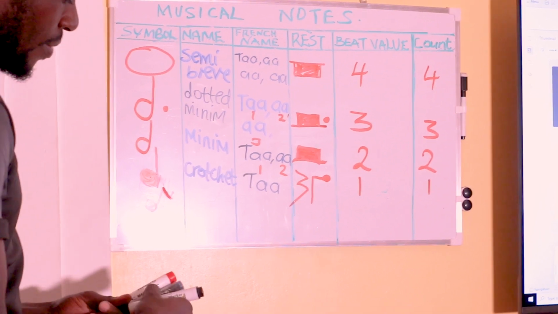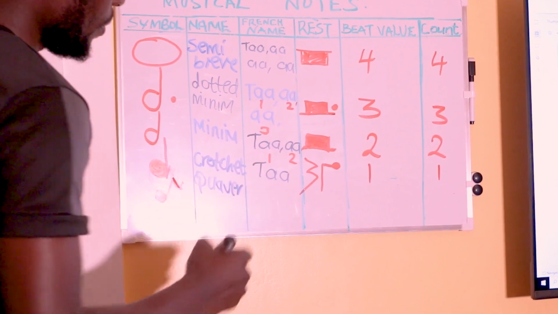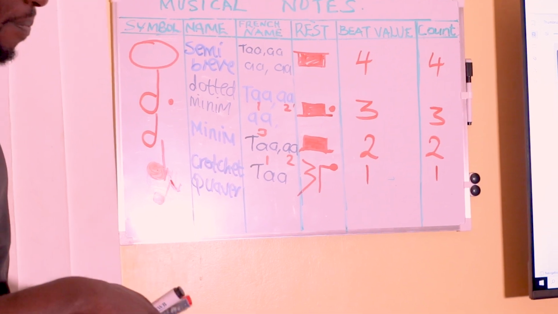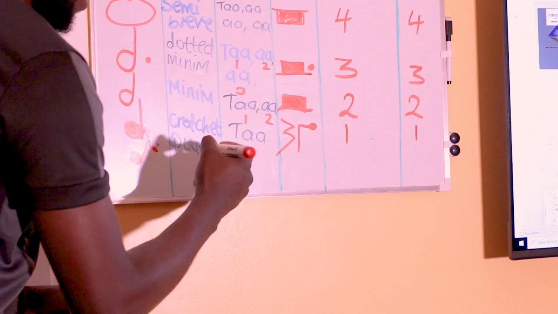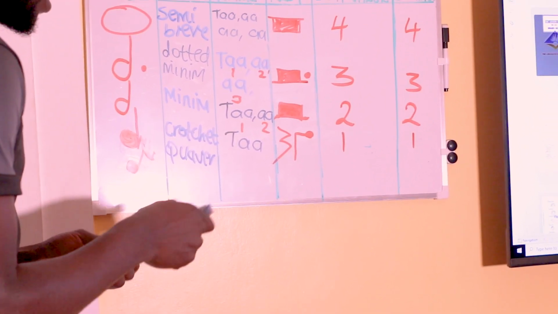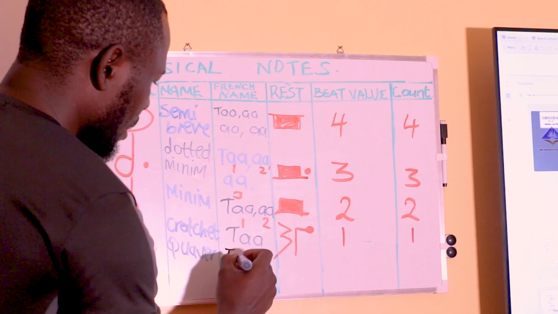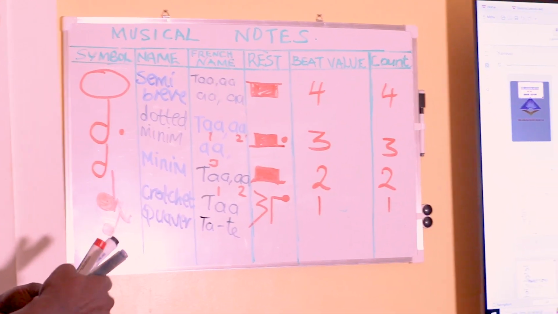So how do we write a quaver? The name is quaver. And what do you think will be the beat for this? These ones will be tate. You can say something like tate. Ta. Te. Tate.